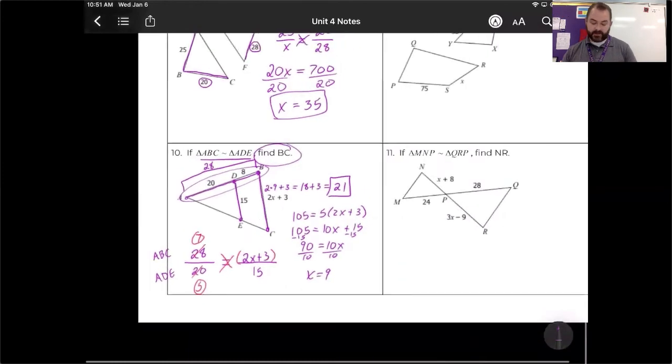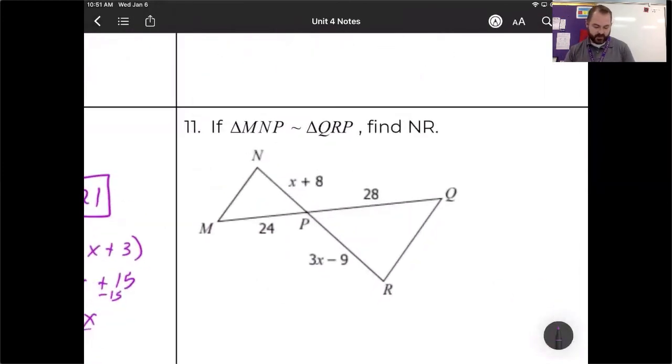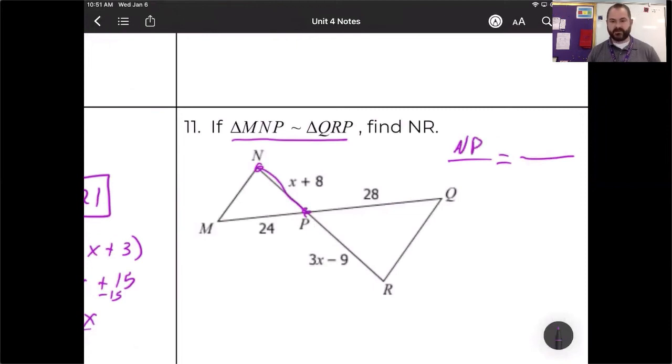All right, we're going to skip 11 also. You can set that up. I do want to point something out to you. The order here would be very important. The sides that go together would follow this proportion. So if you're going to try this one on your own, let me give you the labels that would go together. If I start with NP, that's only one way to do this, NP corresponds to RP, this side.